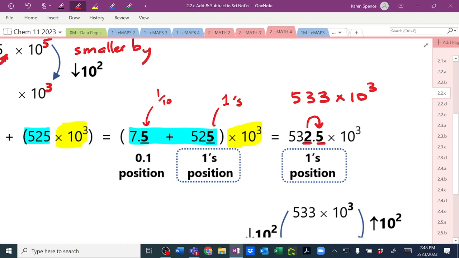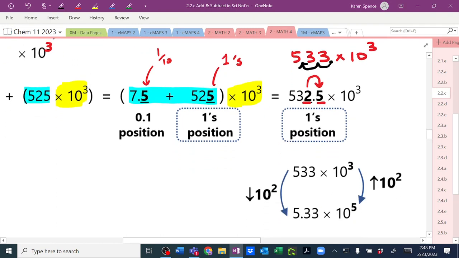But it's not okay to leave our answer like that, because it is not in standard notation, but it is also not in scientific notation. So let's change it into scientific notation. We need to move our decimal place 2 places.